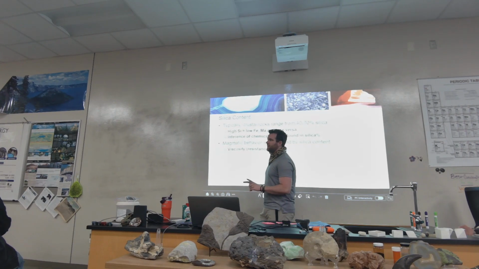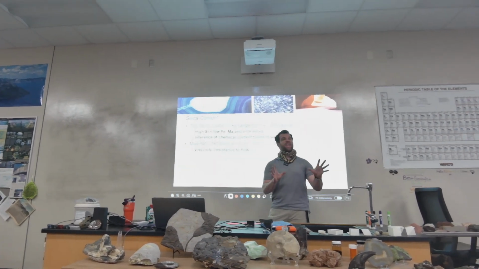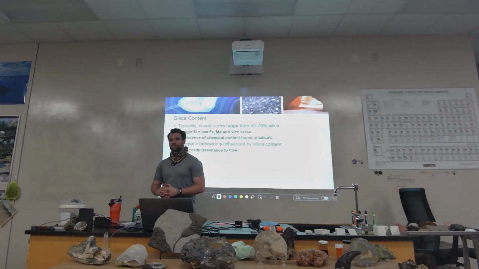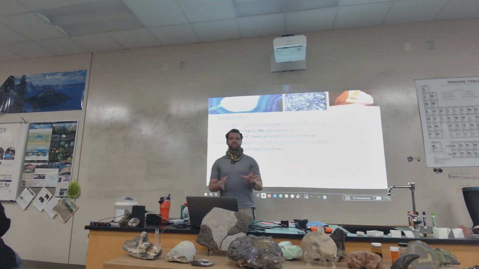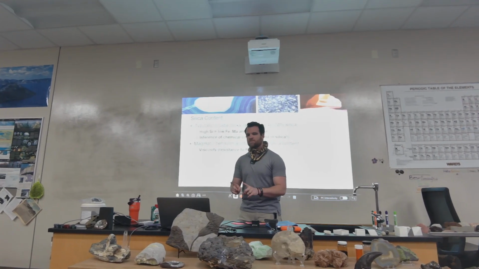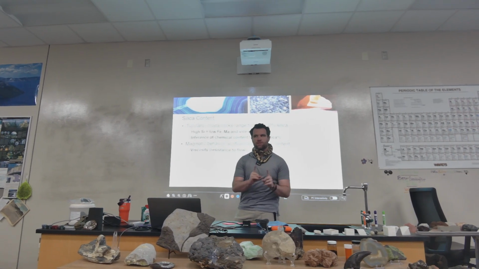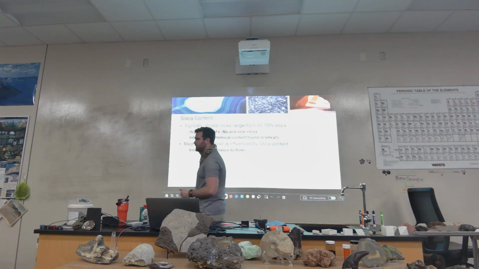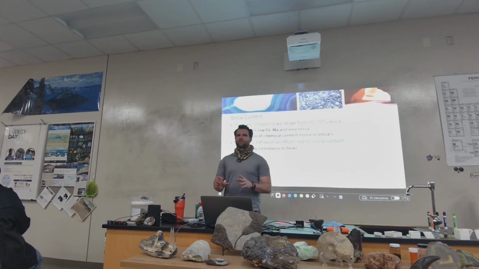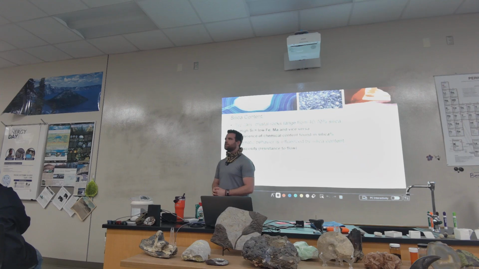Not only does this affect the composition, it also affects the behavior of your lavas and magmas. If the amount of silica present dictates how many silicon tetrahedrons are forming early on into the cooling of this material, how might that affect the characteristics?